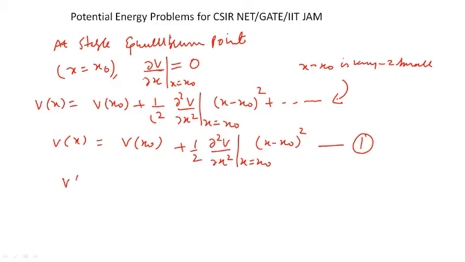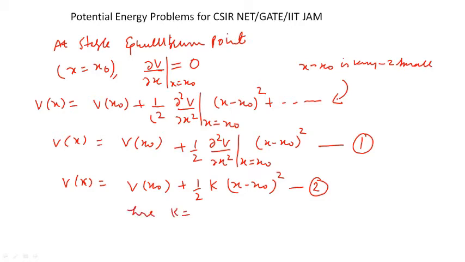Now we can write it as Vx is equal to Vx0 plus 1 by 2 k x minus x0 square. This is equation number 2. Here your k is equal to del 2v over del x2.